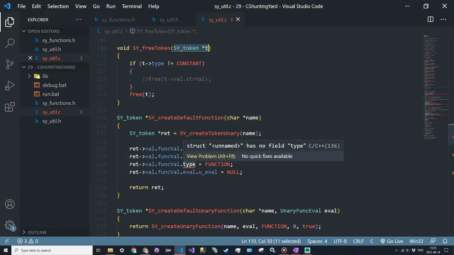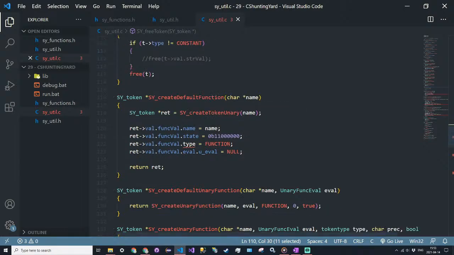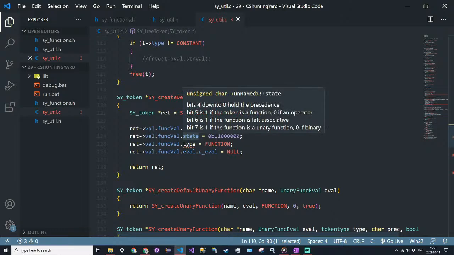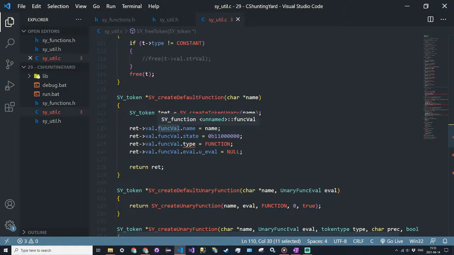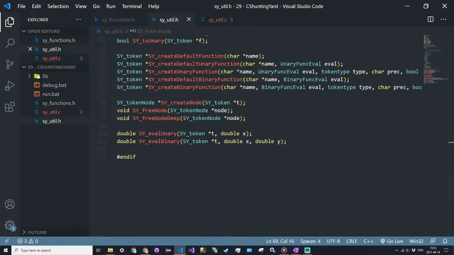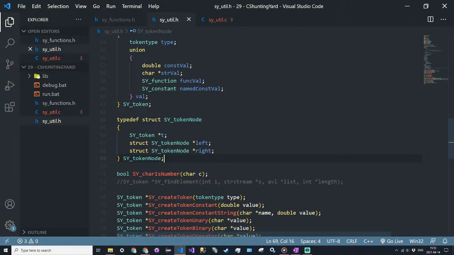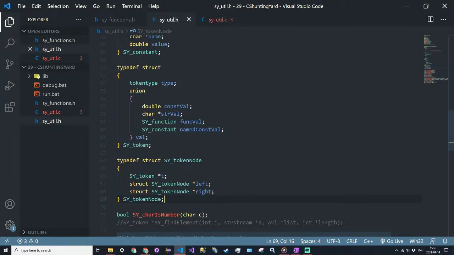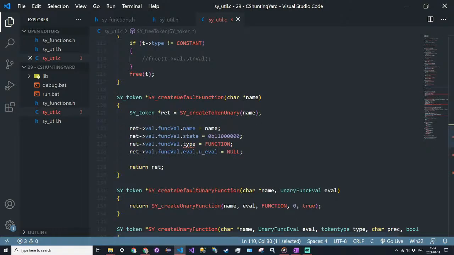There's a few errors in here, but I'm going to be updating it with the correct code in a bit. So there's a create default function, which will actually populate the function structure in the union here. This will actually set values in here.